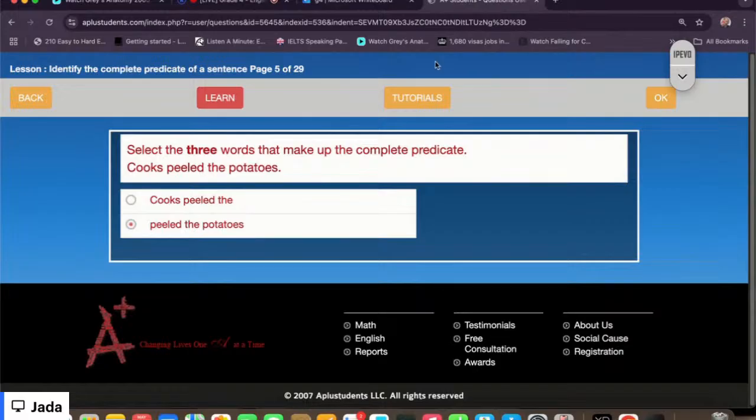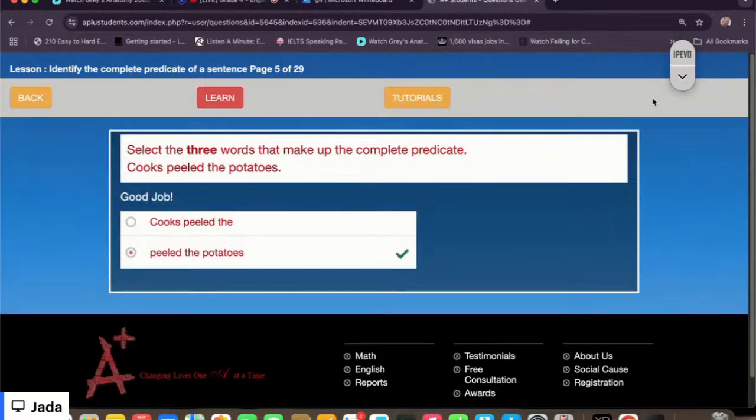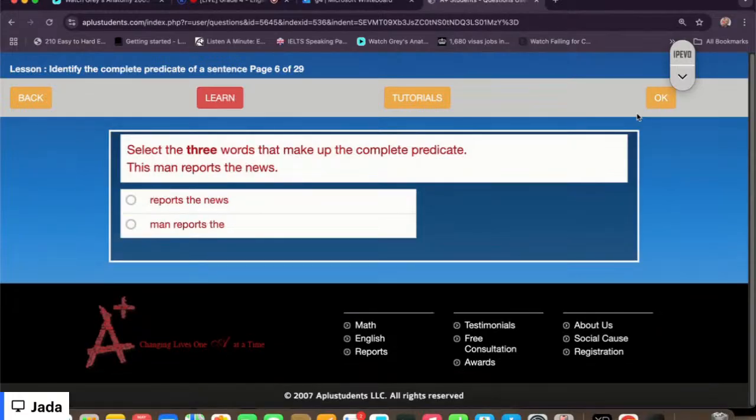So we have peeled the potatoes. Okay. So three words that make up the complete predicate.